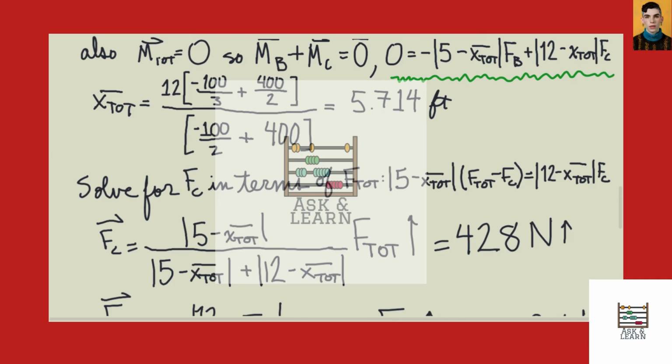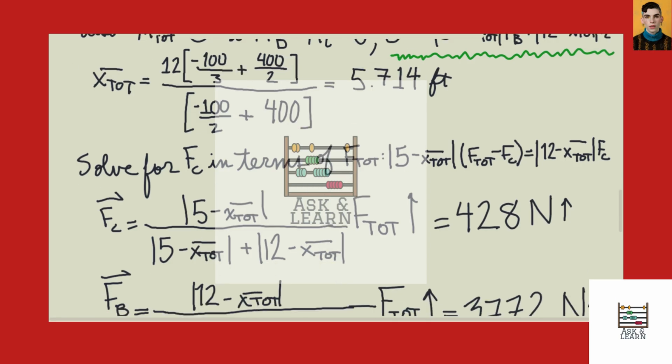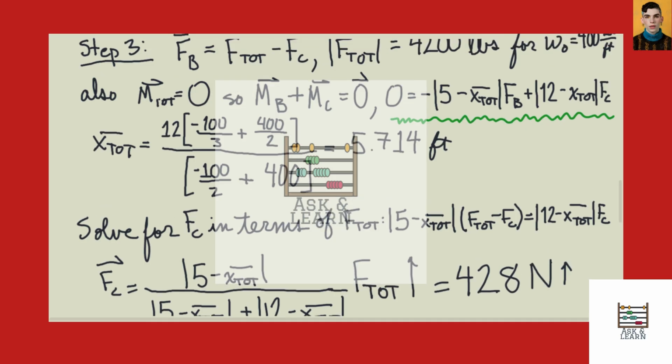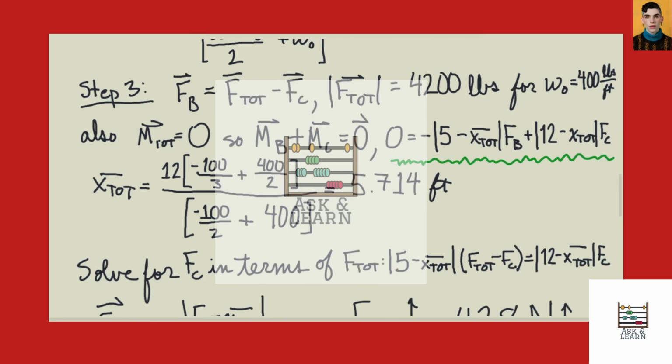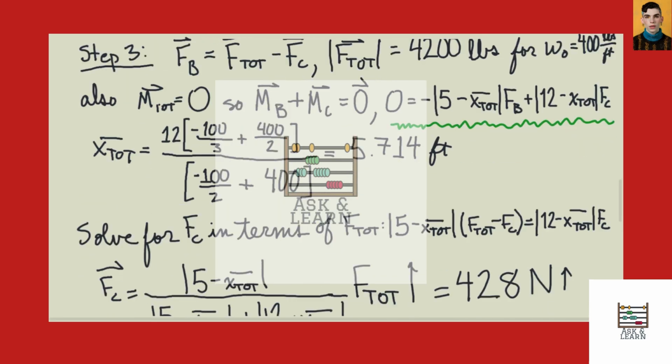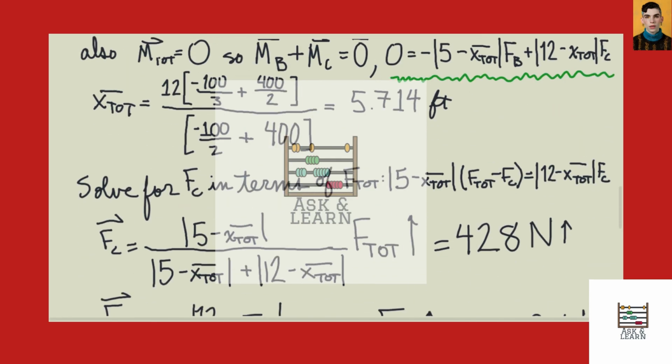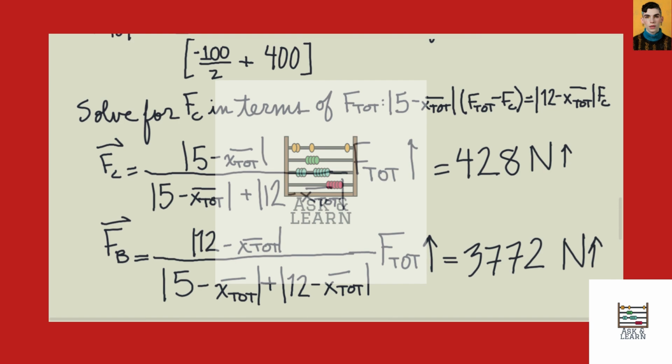Given this, and given that we now know the location of the centroid, we can use these two equations to solve for both FC and FB, depending upon which one we subtract from and insert into our torque equation. Here I've solved for FC, and it comes out as follows.